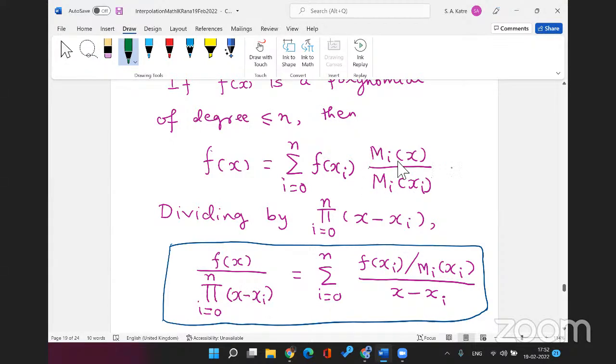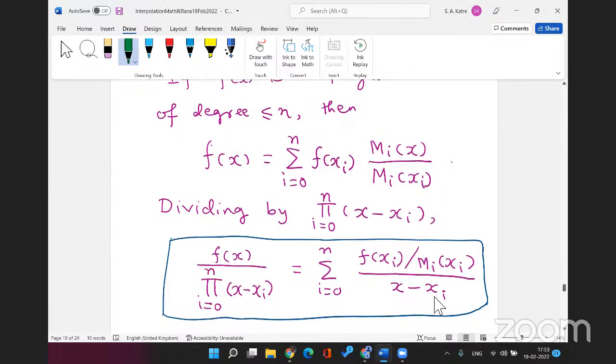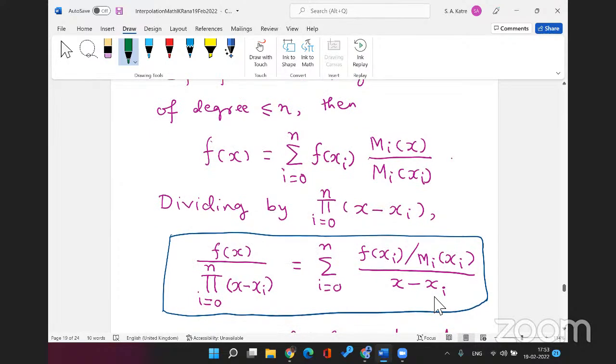On the right hand side, Mi(x) is the product of all x minus xj except i, so 1 upon x minus xi remains there. In the numerator, f(xi) divided by Mi(xi) is the constant there. So f(xi) upon Mi(xi) upon x minus xi. This is the partial fractions formula we get from Lagrange's interpolation formula.